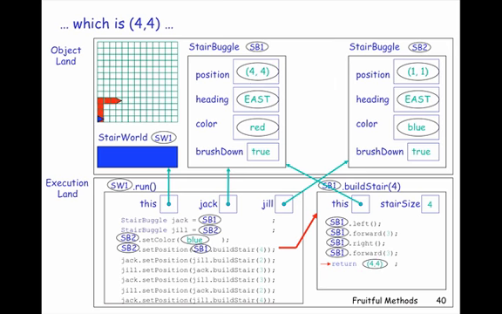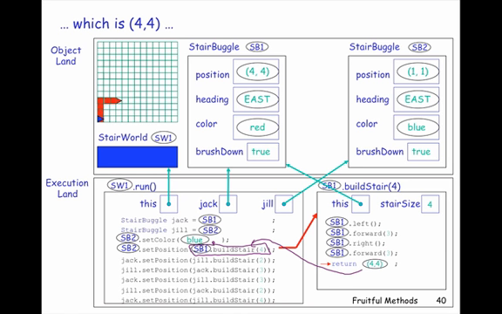Okay, now the interesting part is when we execute this return statement, it sends the value 44 back to the spot where our fruitful method invocation was. So our fruitful method invocation here, SB build stair of 4, was over here. That expression is replaced by the value that is returned by the return.